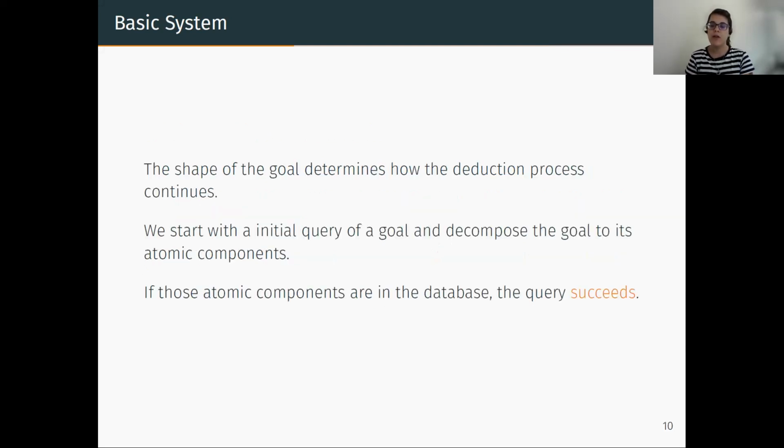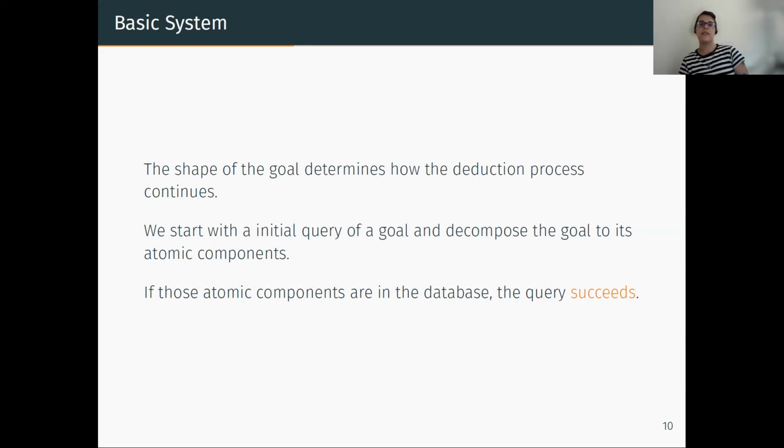The shape of the goal, the shape of this formula, is going to determine how the deduction process continues. We are going to start with an initial query, and we are going to decompose the goal into its atomic components. If we have those atomic components in the database, we say that the query succeeds. This can be thought of as a type of tree proof.